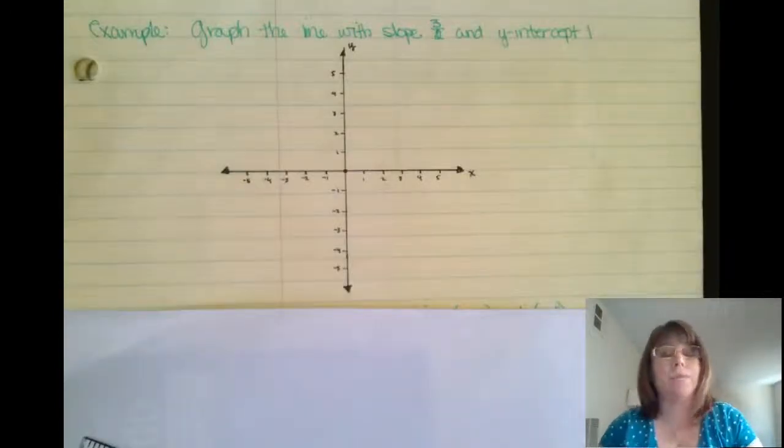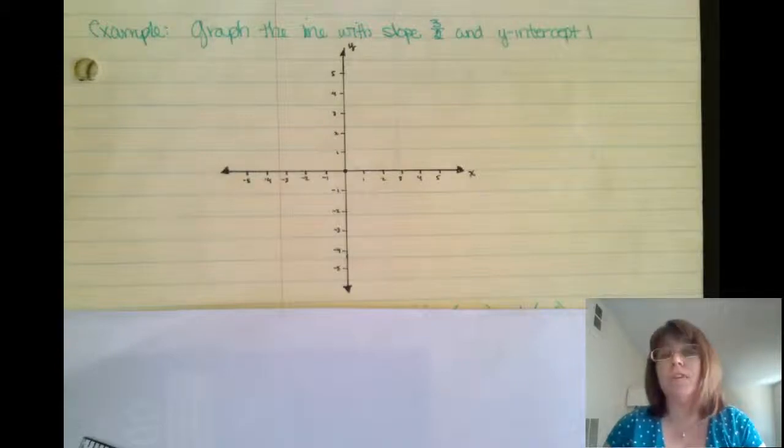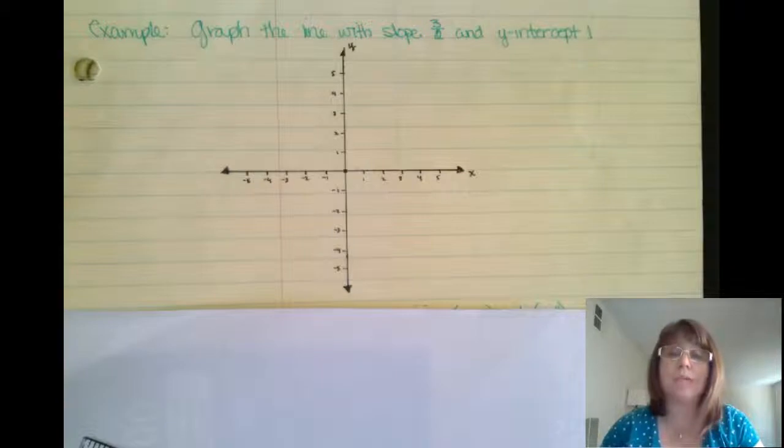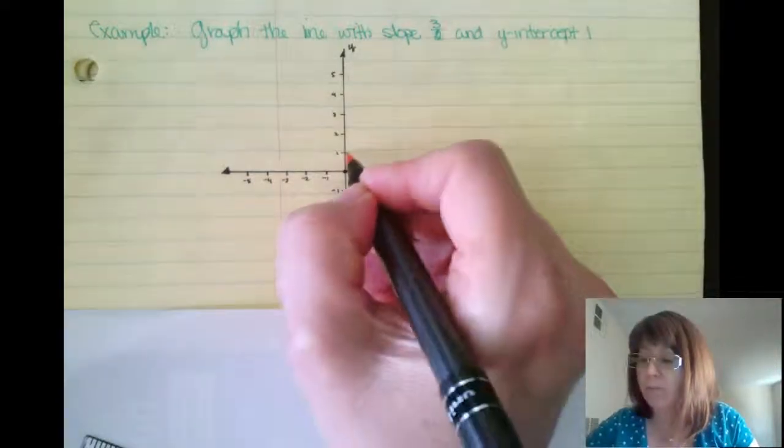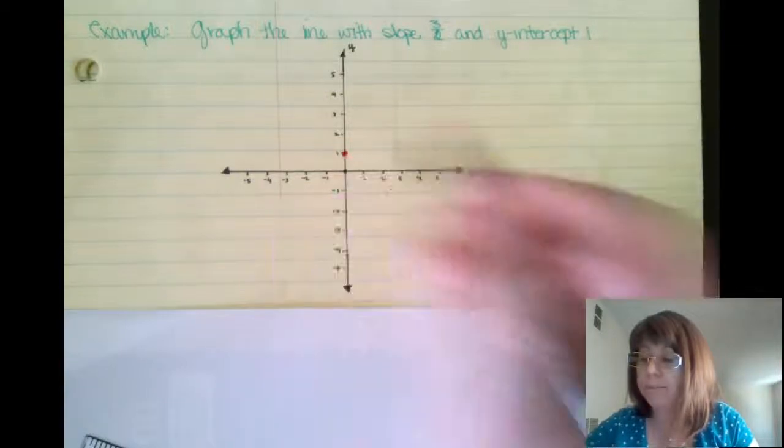Now in this example, we're going to graph a line with the slope of 3 halves and the y-intercept of 1. So I don't have to find out what my slope is. They give me my slope and they give me the y-intercept. Now remember, the y-intercept is when x equals 0. So when x equals 0, y will equal 1.